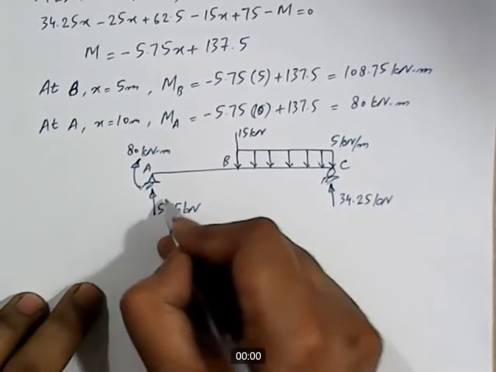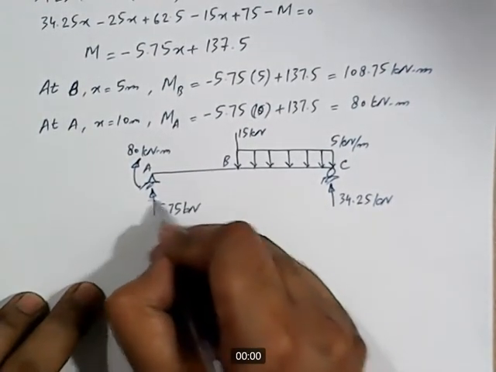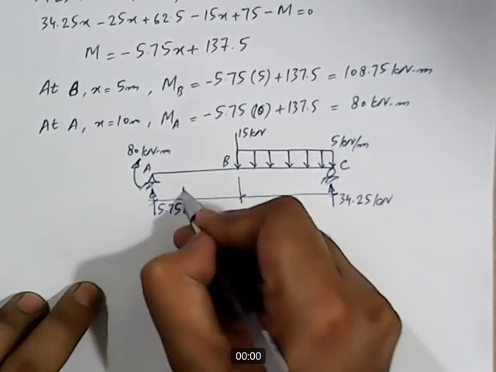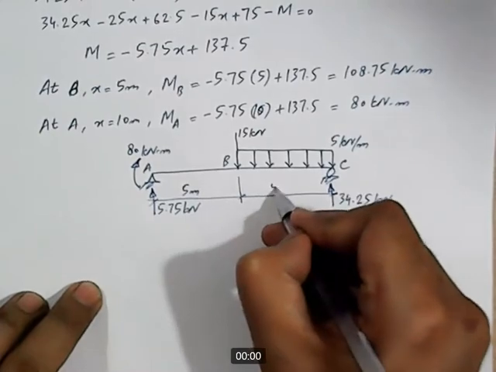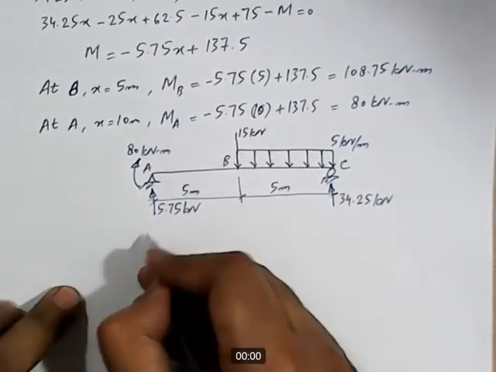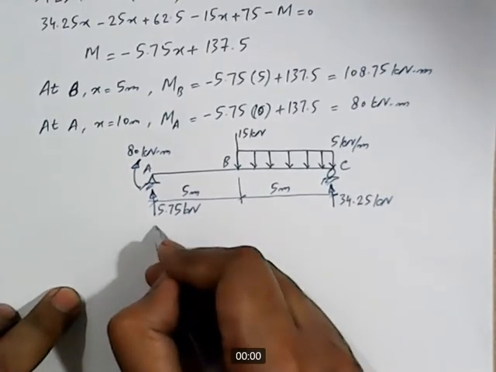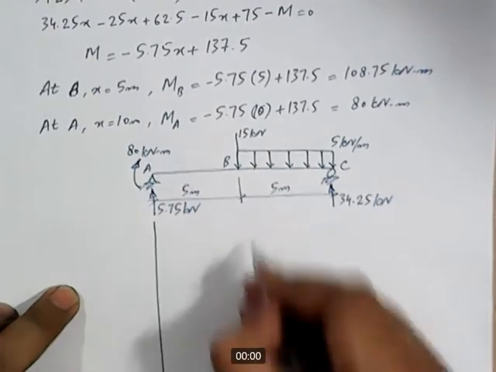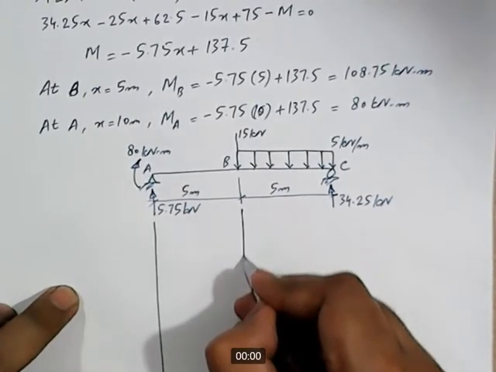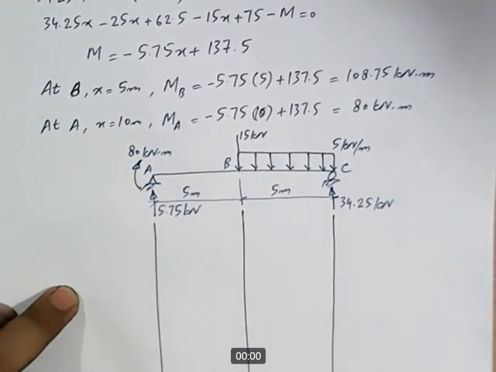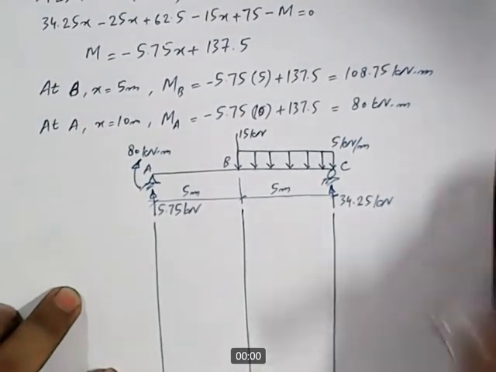Okay, and these distances are 5 meter and 5 meter. Now, in order to draw shear force and bending moment diagrams, we need some guidelines. So let's draw the guidelines. Here are our guidelines.